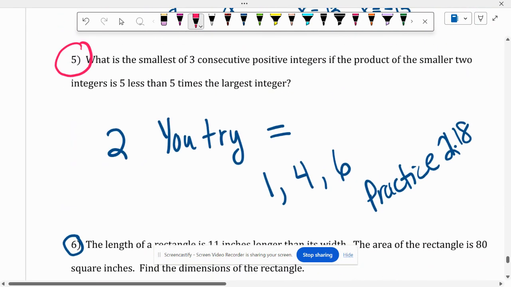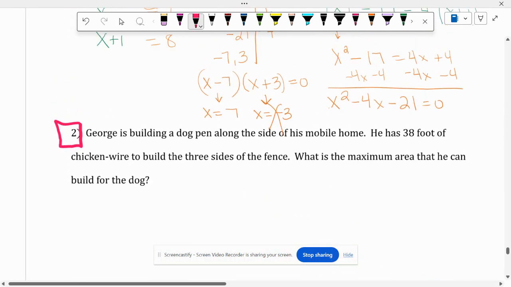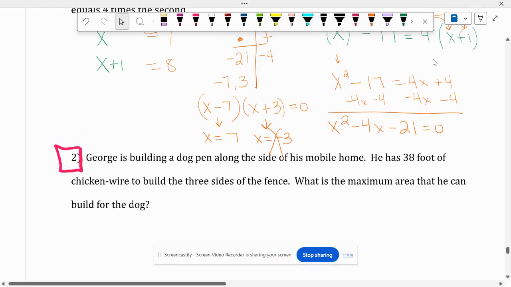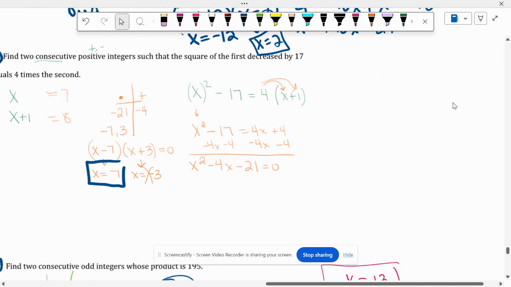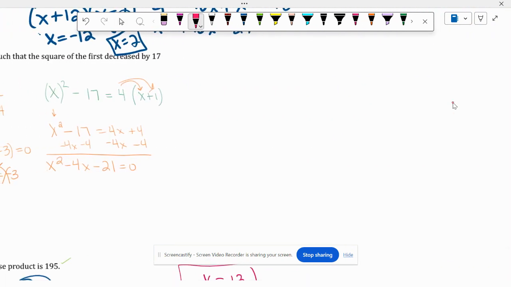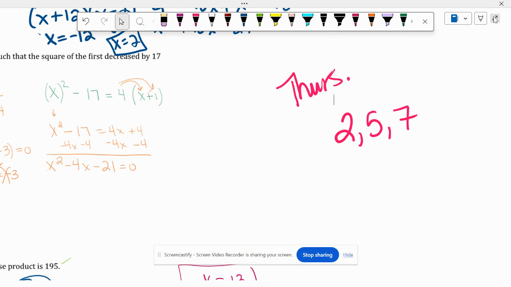So 2, 5, and 7. That's 3 problems. So today, practice 2, 5, and 7. Go ahead and start it now.